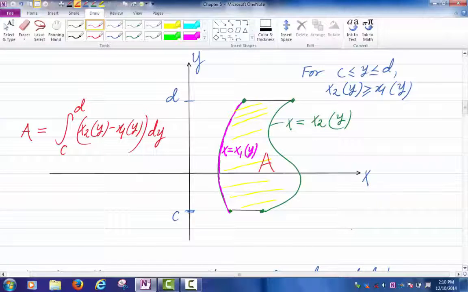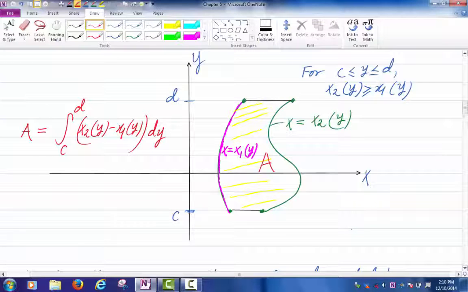I can think of the green curve as representing x as a function of y. You okay with that? And the magenta curve is the graph of a function x1 of y. So it is defining x as a function of y as well. So on the right side it is bounded by a function of y. On the left side it is bounded by a function of y.